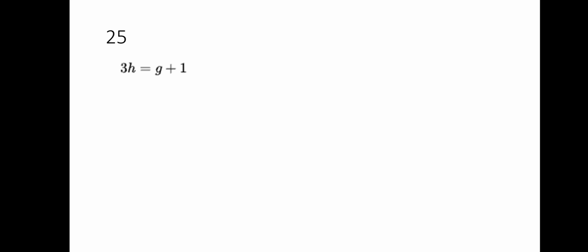Because we need to make H the subject, then H needs to be on its own. So we first added 1 on both sides, and now we need to divide both sides by 3 to make H the subject, which means that the formula becomes H equals G plus 1 over 3.